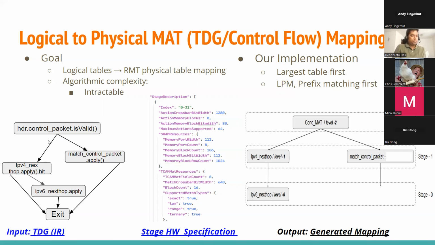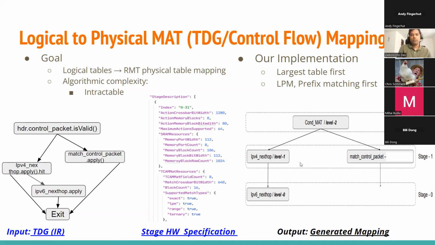Again, this is a DFS based algorithm. You analyze the dependencies. Of course, if you don't have dependencies, you can parallelize them and map two tables on the same stage. But if you have dependencies, you cannot map them. I have done that kind of analysis and mapped them onto the match action stages.